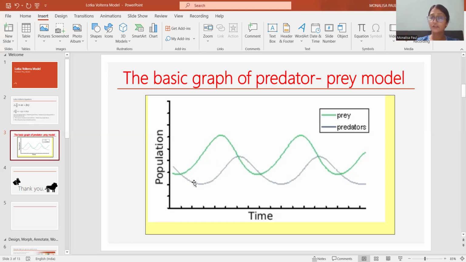Similarly, there is a point when both of them may be zero. Why zero? Because if the predator eats all the prey, suppose all the rabbits are finished, a time will come when there will not be any prey left for the predator, until and unless it moves to switching. That is a different concept of ecology, the interactive ecology, where the predator immediately switches to the next prey.